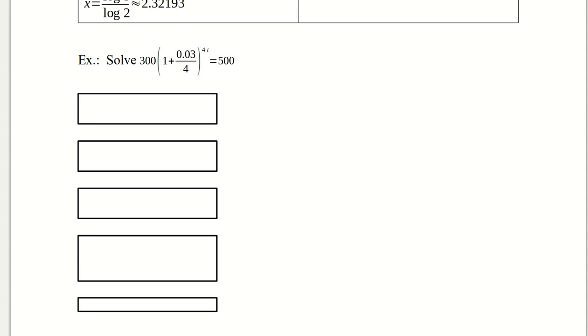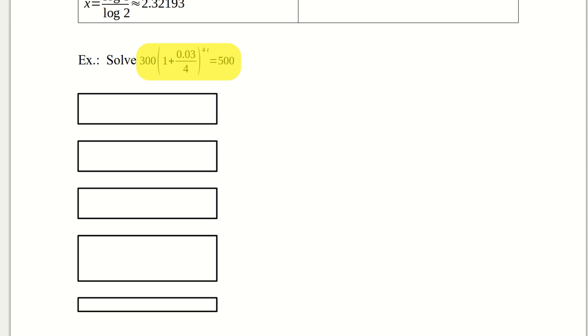So we're going to solve this equation. It's got a 300 as a coefficient. You can probably pick out the parts of this. P is 300, R is 0.03, N is 4, and the accumulated amount, the ending amount A, is 500. Notice that the variable here is t, and it's in an exponent, meaning that this is an exponential equation.